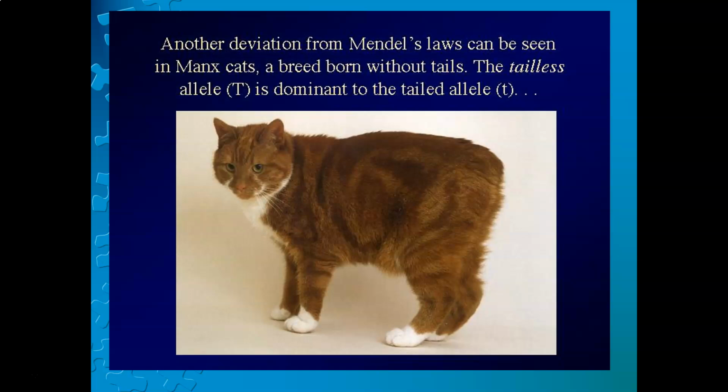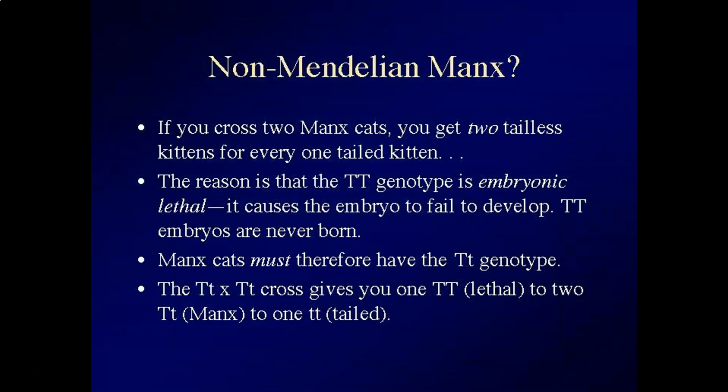If I constantly breed that dominant together, I should be able to create a pure homozygous dominant line and then continue to always get tailless cats from there. Here's the catch though. If I take two Minx cats and mate them together, I will always get, statistically speaking, two tailless kittens for every one tailed kitten.